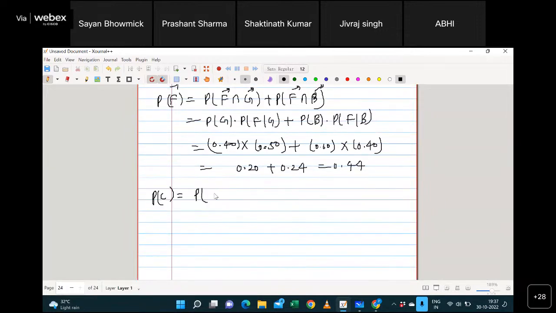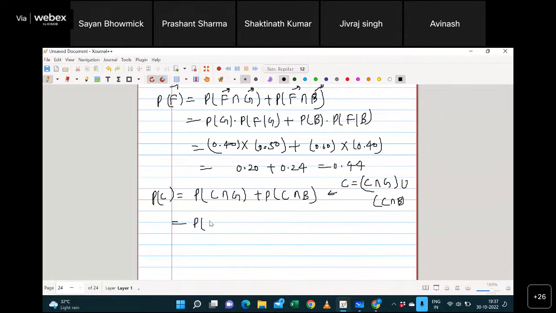Can I write probability of cricket and girls, or probability of cricket and boys? Probability of cricket means playing cricket by girls, union playing cricket by boys.